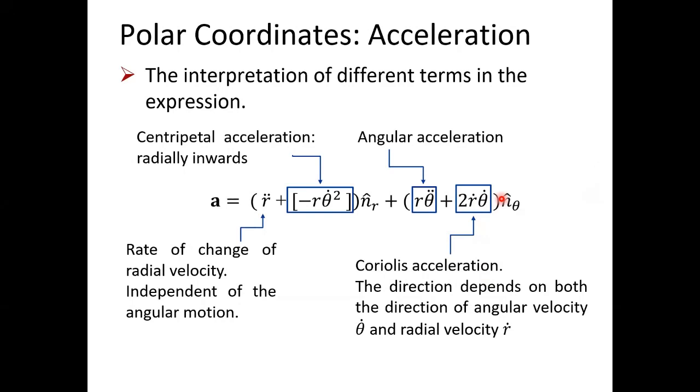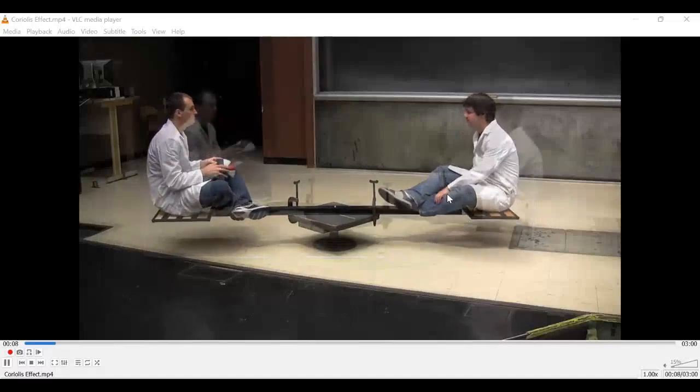If you can recall from my first lecture, I showed you observations with reference to rotating reference frames, and this Coriolis acceleration, 2 r dot theta dot, is in the n hat theta direction. That means it is perpendicular to the radial direction. Let me go back to that small video clip I showed you on that day. I'm talking about this video.